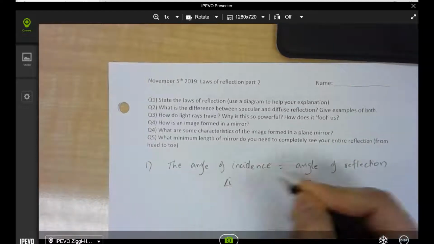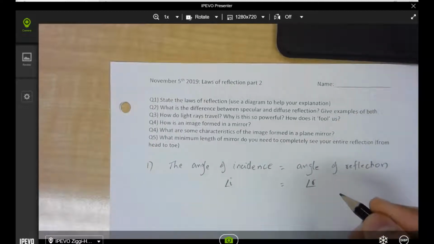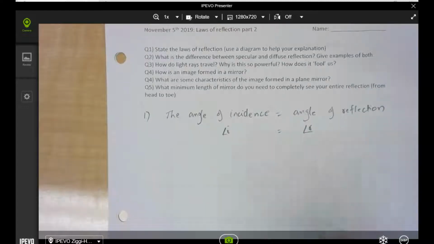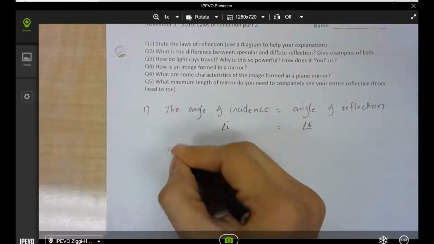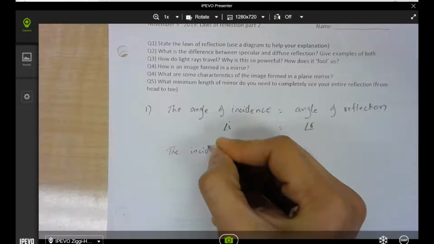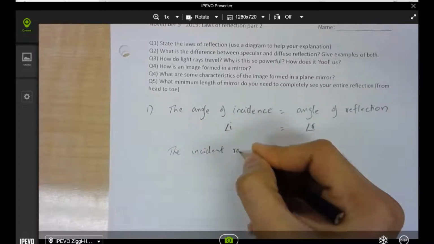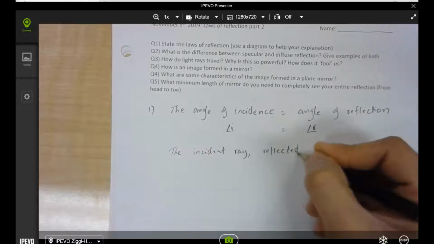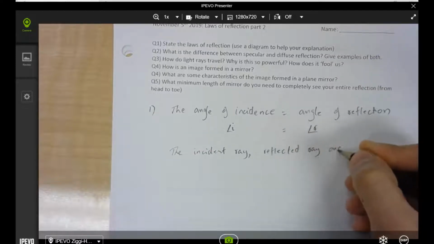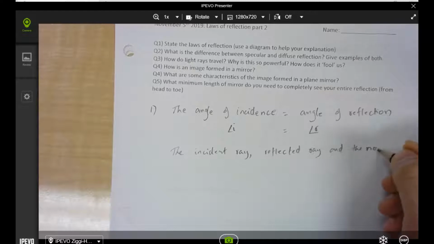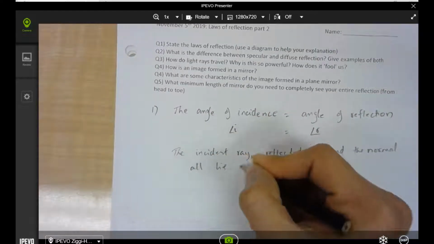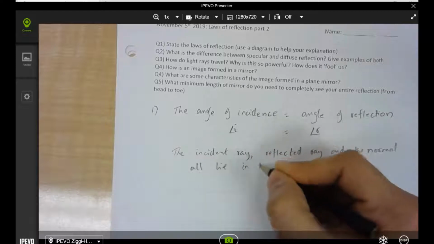So in other words, angle I equals angle R. And the second part of the law states that the incident ray, the reflected ray, and the normal all lie in or on the same plane.